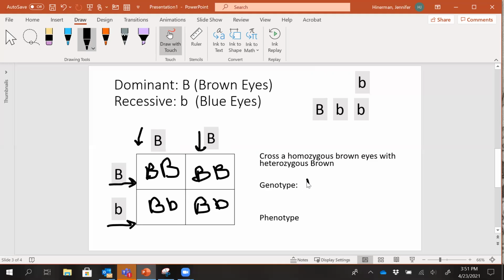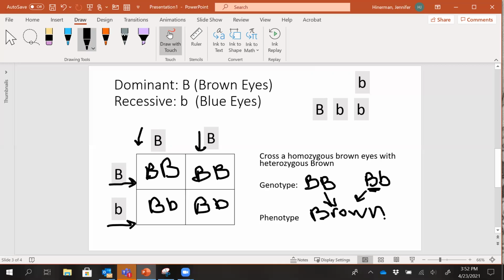Okay, so the baby could be a big B, big B, or it could be a big B, little b. If they have big B, big B, that codes for brown eyes. But if they have big B, little b, this big letter wins. So they both code for brown eyes.